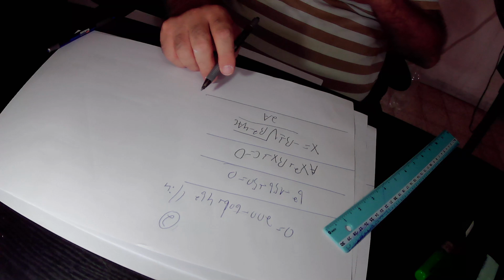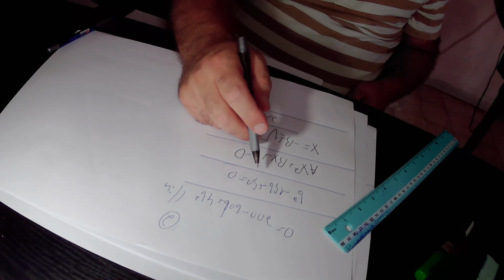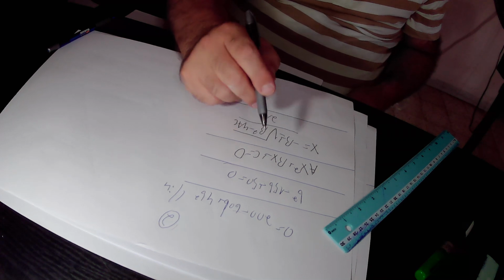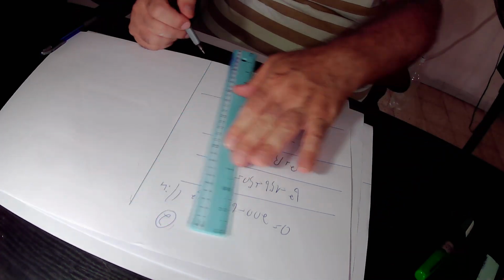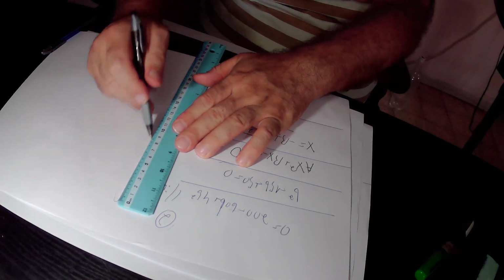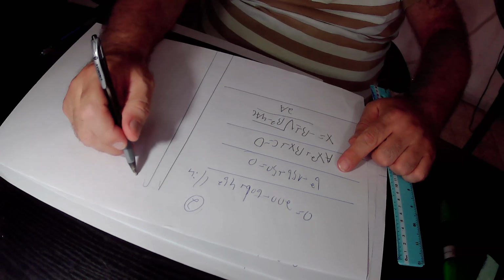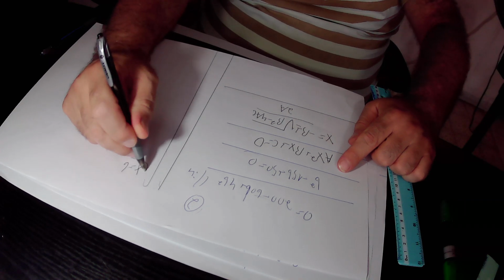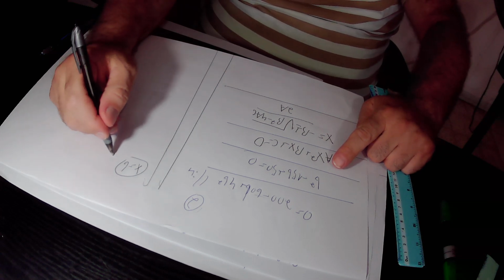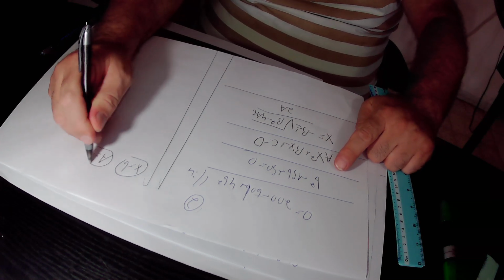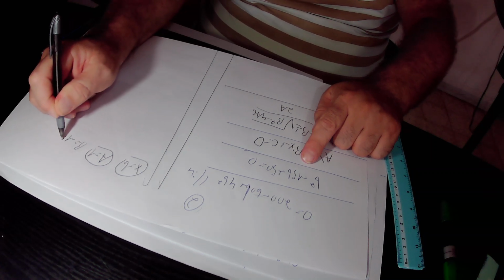In our specific quadratic equation, that is to say b squared minus 15b plus 50 equals 0, the variable that we are looking for is b. Therefore, x equals b. The coefficient a equals 1. The coefficient b equals minus 15.